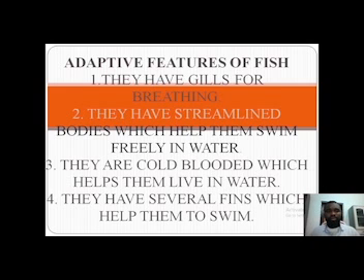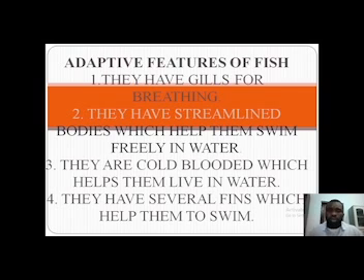Is that why the fish are surviving in the river, in the stream, in the pond? They have gills for breathing. Do you have gills for breathing? No, you don't. What do you have? Lungs. You are a mammal.